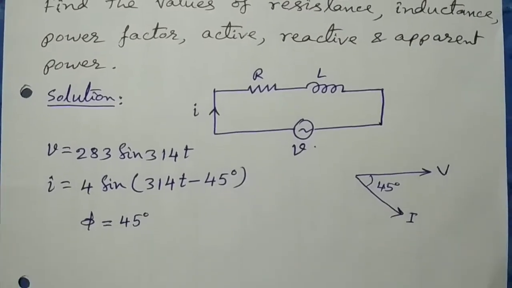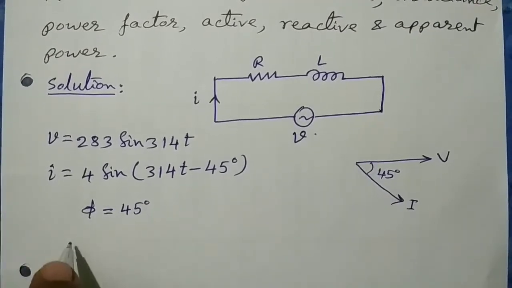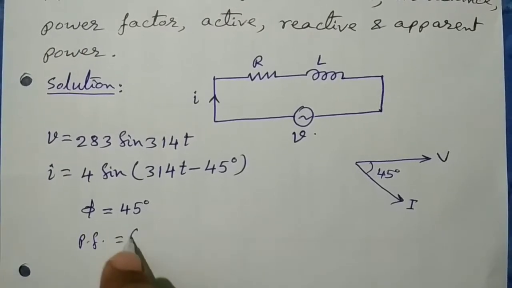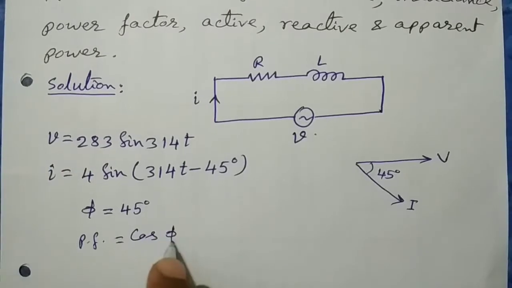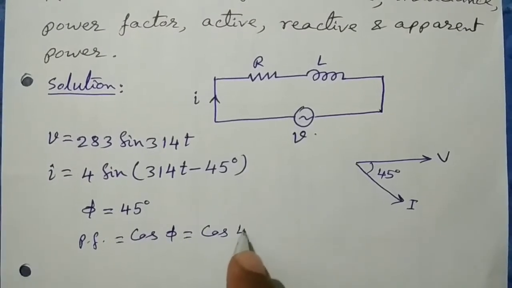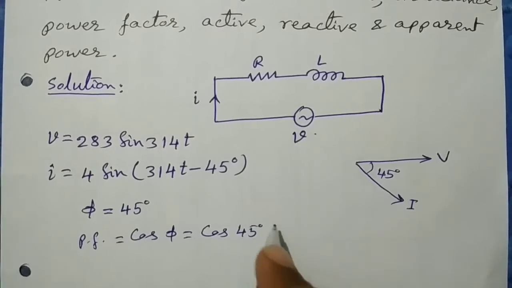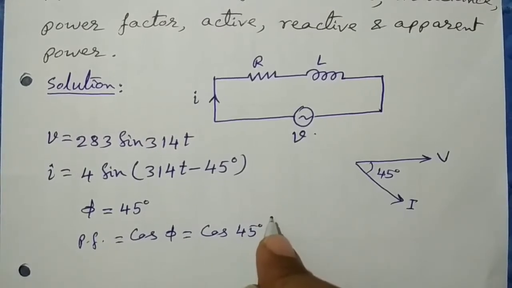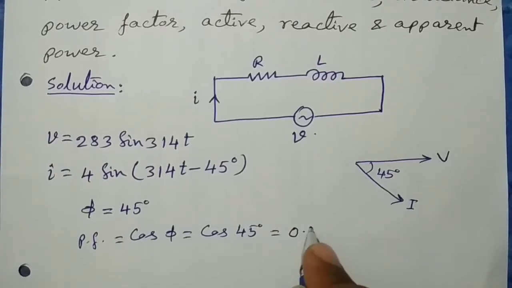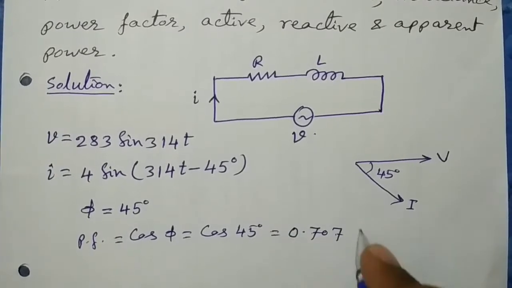As we know, the power factor is defined as the cosine of the angle between voltage and current. So it is cos 45 degree, and the value is 0.707 lagging.